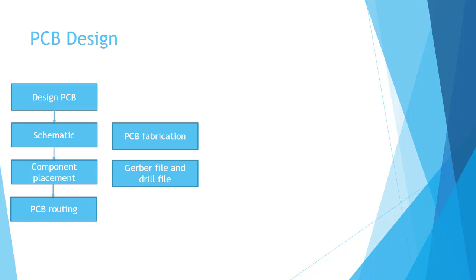In the next stage, the Gerber file and the drill file should be created and sent to PCB fabrication. And there are many considerations that should be taken into account in the Gerber file and the drill file creation.